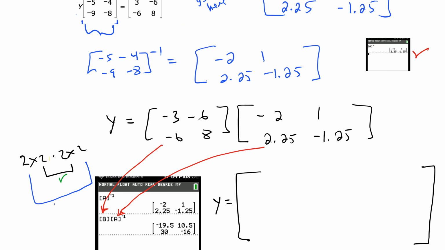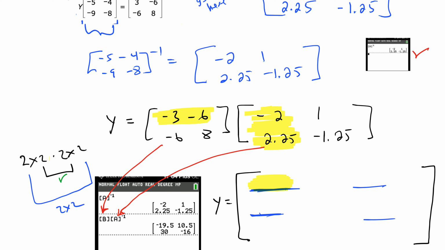It's up and down by up and down. Now you need your matrix multiplication skills. For the upper left, you want the upper row and the left column.